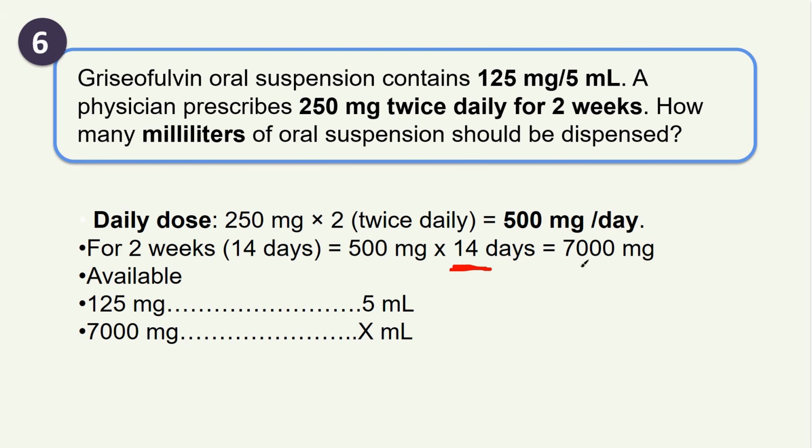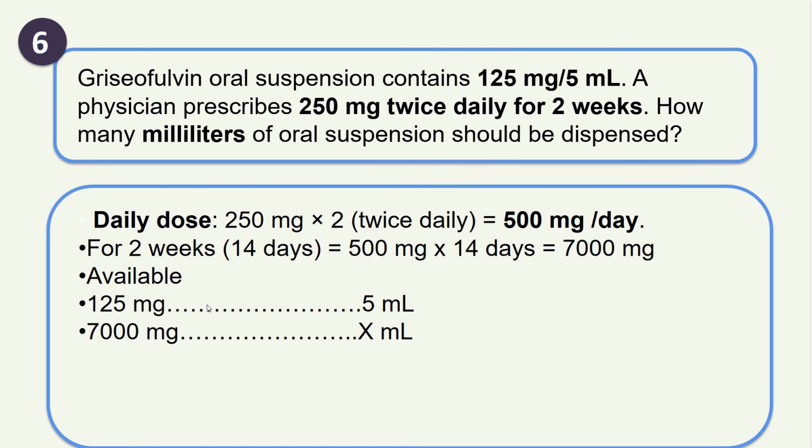If you multiply that, it equals 7,000 milligrams. However, this comes in 125 milligrams per 5 mils. So now you just do cross multiply. Cross multiply can be done by pointing the arrows to the x.